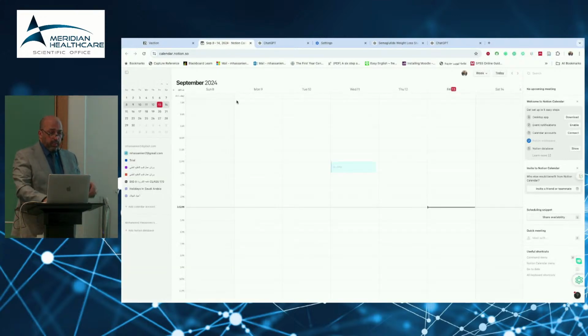Like this one is synchronized with my Google Calendar. So your calendar from Google is also here. So it is one of the ways to keep all your work, administrative, family, work, whatever, in one page, and you can manage all of them.